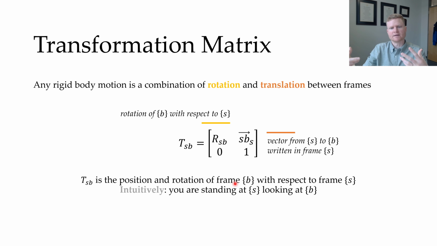And that's how I define this transformation matrix. If I break it open, I see that this transformation matrix includes R_SB, which is the orientation of frame B with respect to frame S, and p_SB, this vector that starts off at S and goes to B and is also written in frame S. So I've got position and rotation, everything expressed with respect to frame S, my home coordinate frame.